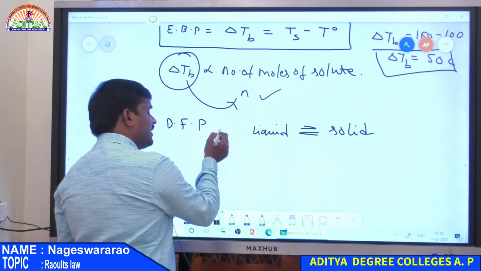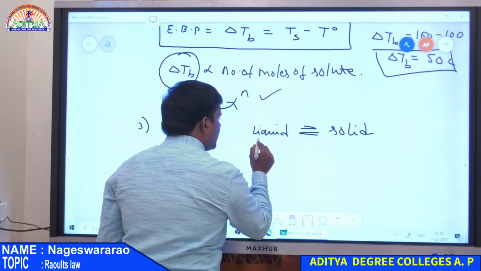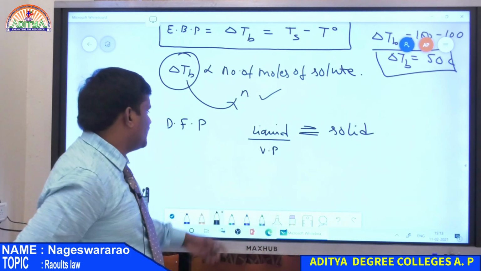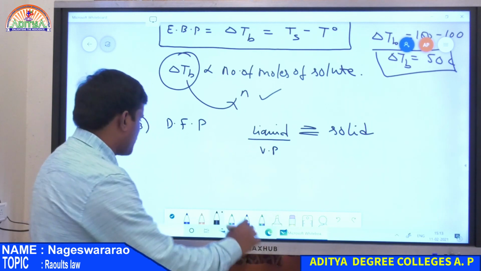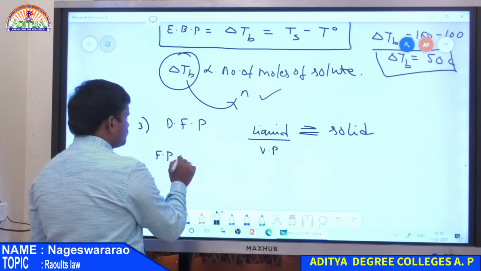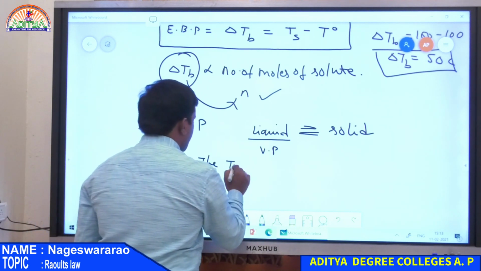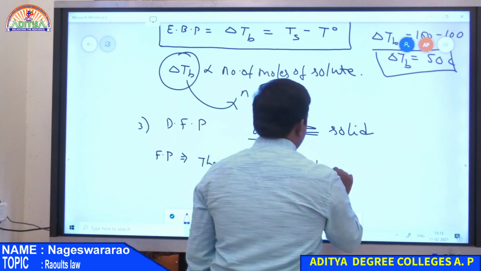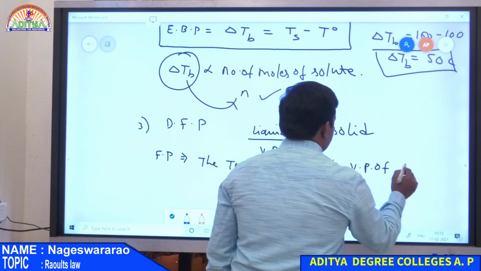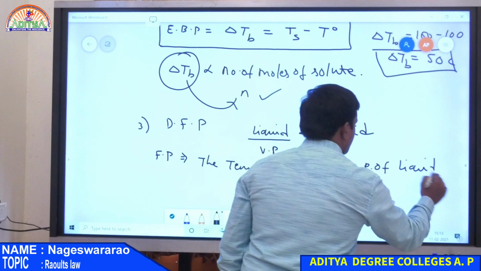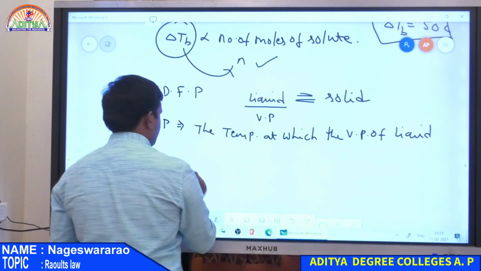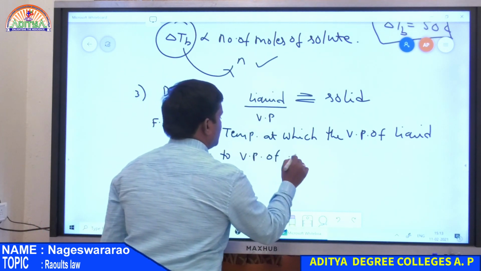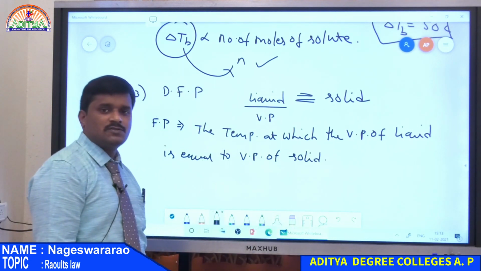Therefore, the temperature at which the vapor pressure of a liquid is equal to the vapor pressure of the solid is known as the freezing point.